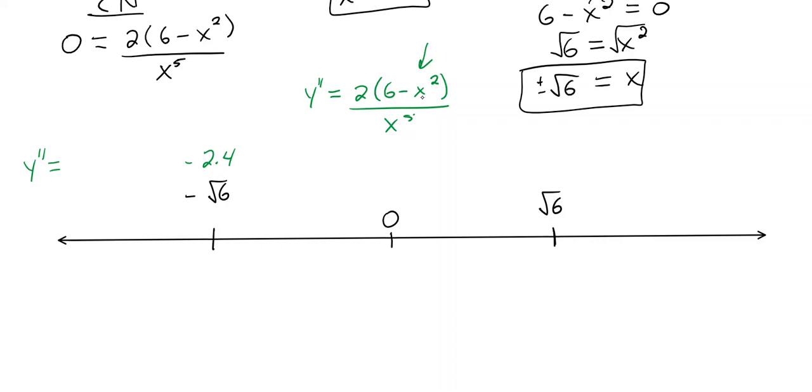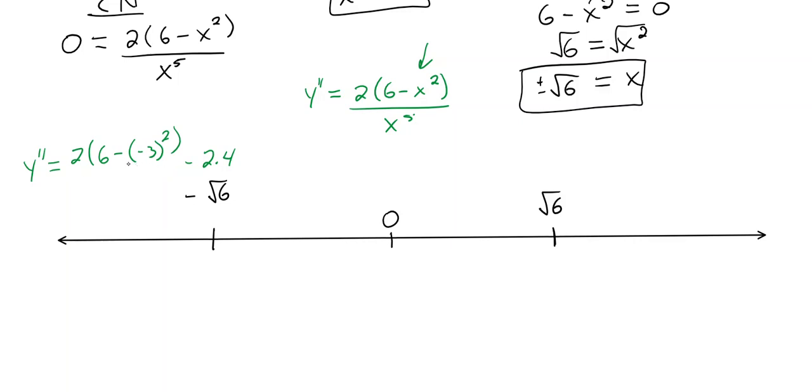So negative 3. Let's just try it for a second. So if we went 2 times 6 minus, and then in brackets negative 3 squared. Okay, so what's that going to end up being? Negative 3 squared is going to come out as 9.